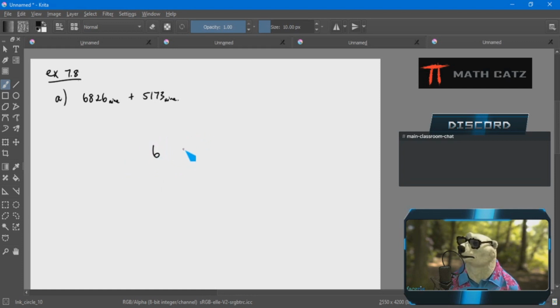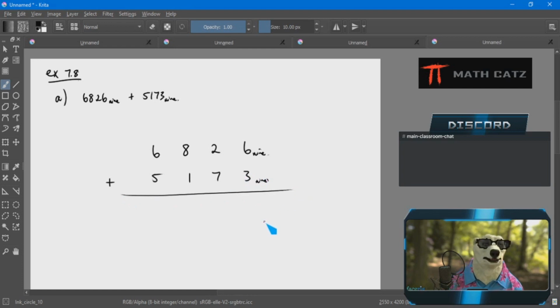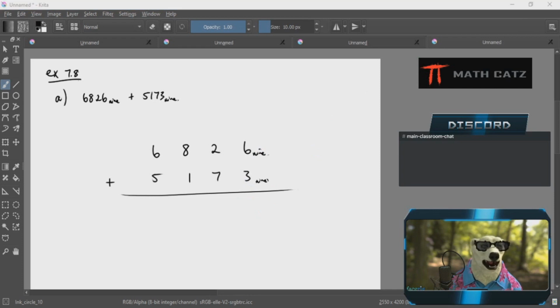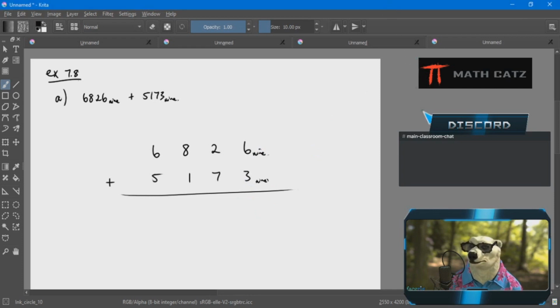I line everything up, give myself some nice space to work. Nothing is going to change in the method. I just have to now be very aware that I'm counting in groups of 9. That is really the only thing I need to pay close attention to.